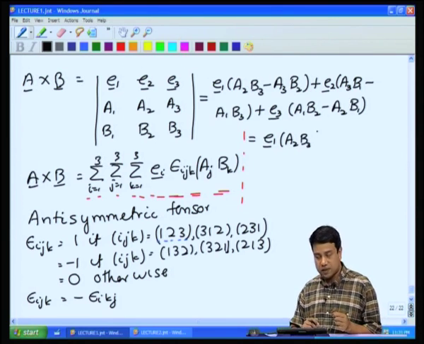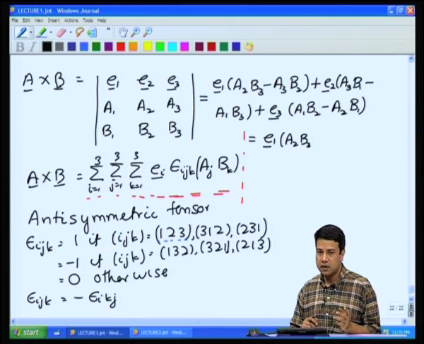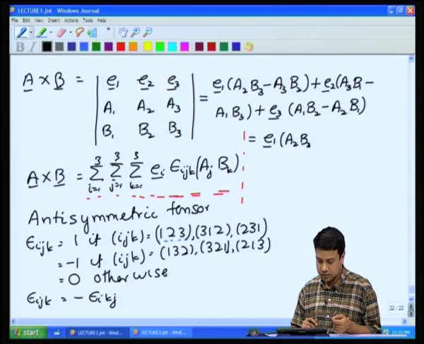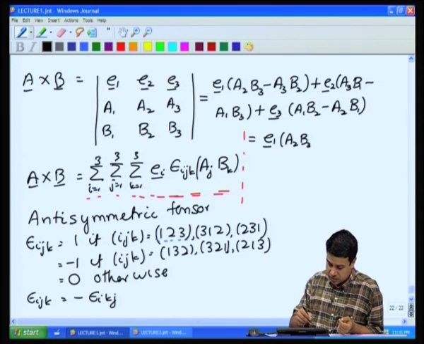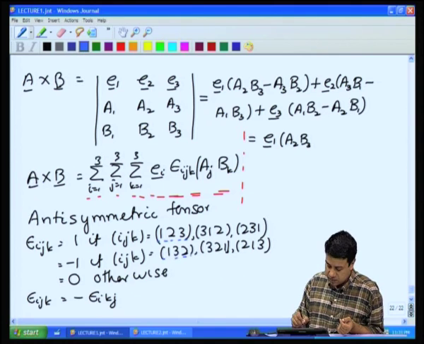So, that is when j and k are 2 and 3 and I is 1. There is one other combination which is non-zero, that is when j and k are 3 and 2. When j and k are 3 and 2, epsilon I j k, as you can see from here, is minus 1.